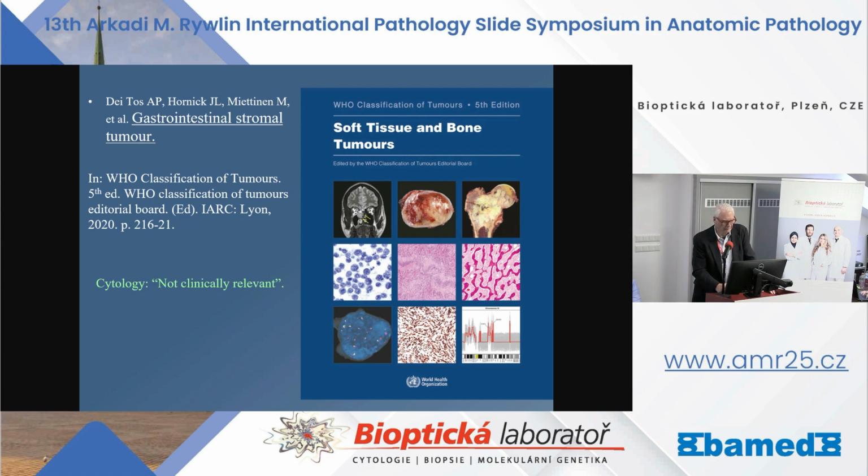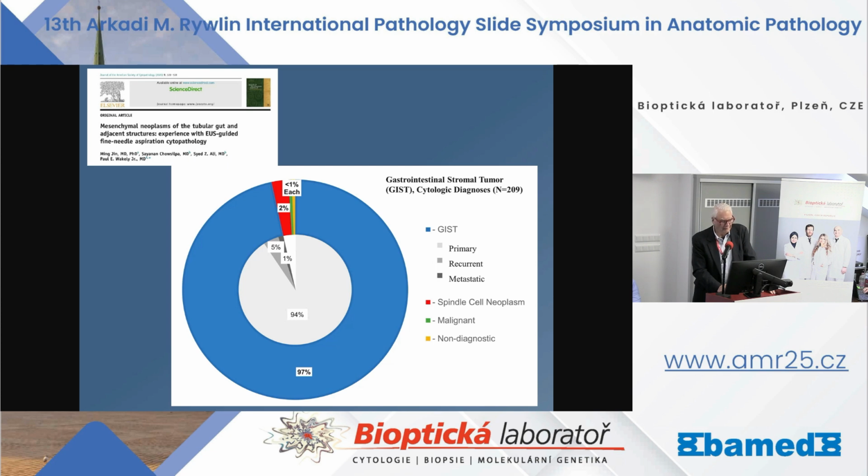And yet, we've shown you here that in 97% of cases, we can make an unequivocal, histologically confirmed cytologic diagnosis, or cytologic/histologic diagnosis with ancillary staining of gastrointestinal stromal tumor.